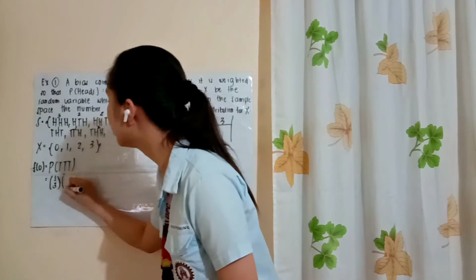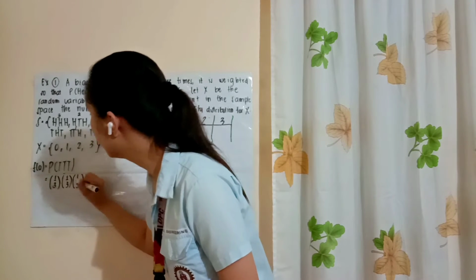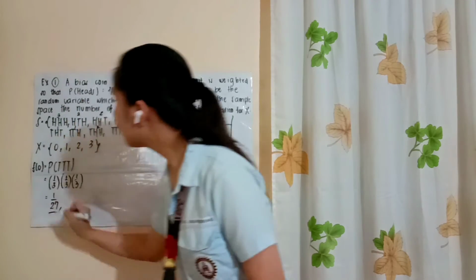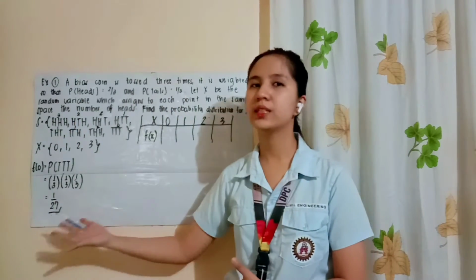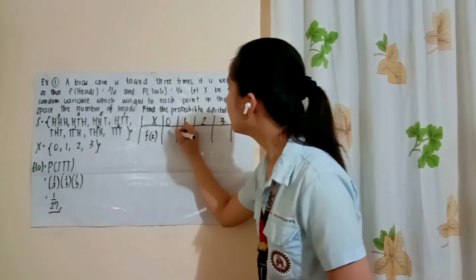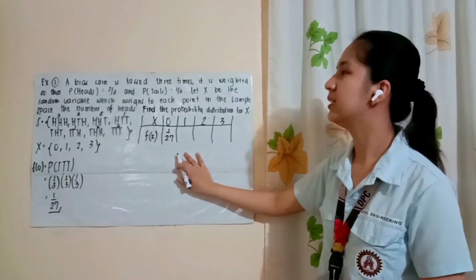So, 1/3 times 1/3 times 1/3 will be equal to 1/27. So we have our first probability, which is f of 0. Let's write 1/27. This is our first probability.